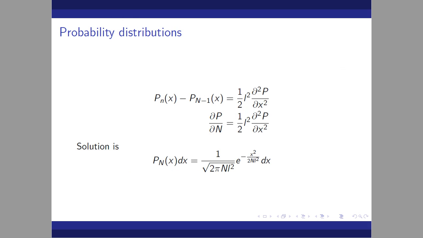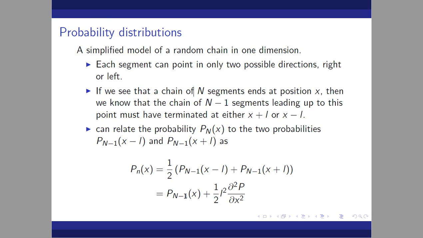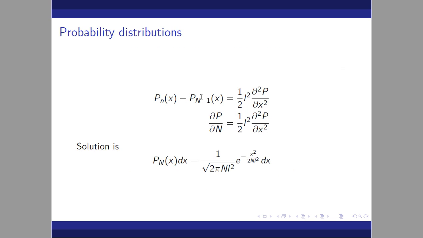When we take Pn minus Pn minus 1 x to this side, we have Pn minus Pn minus 1 x equal to 1 over 2 l squared partial squared p over partial x squared. So we are going to have the heat equation.